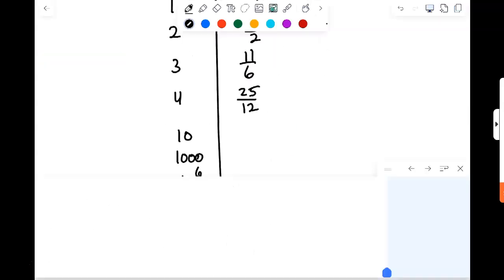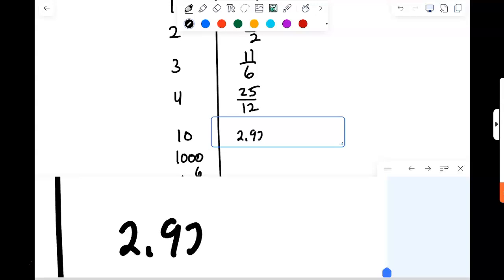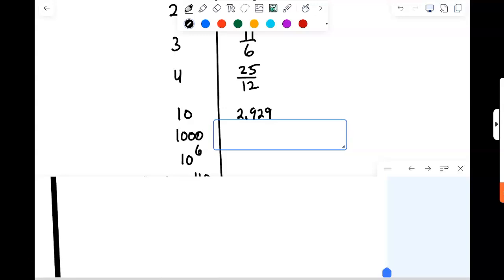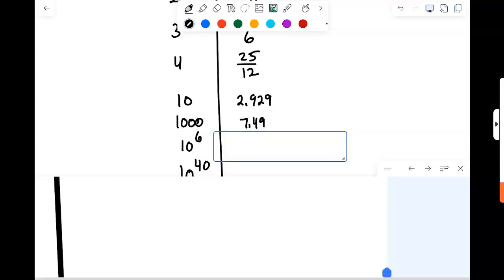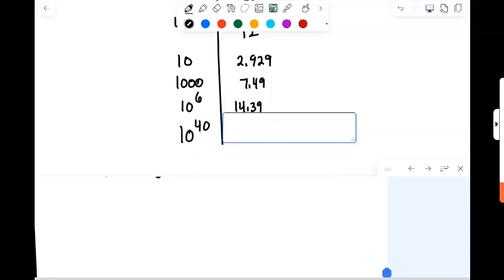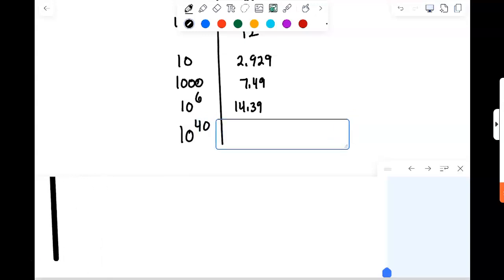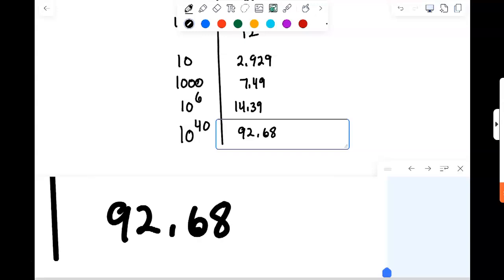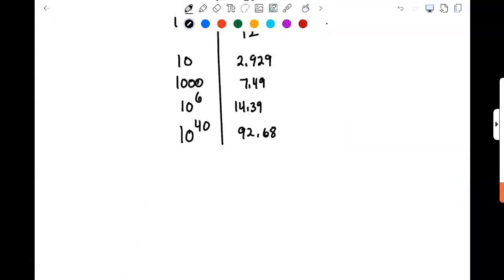And what we find out is that 2.929, if n is equal to 10, 1,000, it comes out to be 7.49. When we put 1,000,000 in, it's 14.39. And when you put 10 to the 40th in, and of course I did not do this myself, some computer did this for the textbook, you get 92.68.